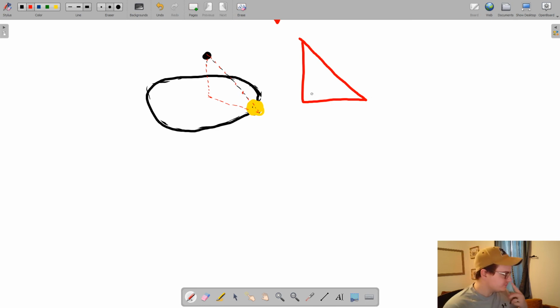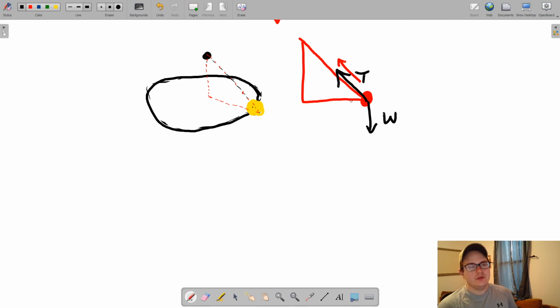Wonderful. Alrighty. And what we could say then is that the tension in the string is upwards. Let me do a black. That way we can talk about this. Tension from the string is going to be upwards. Weight of that ball is still going to be downwards.